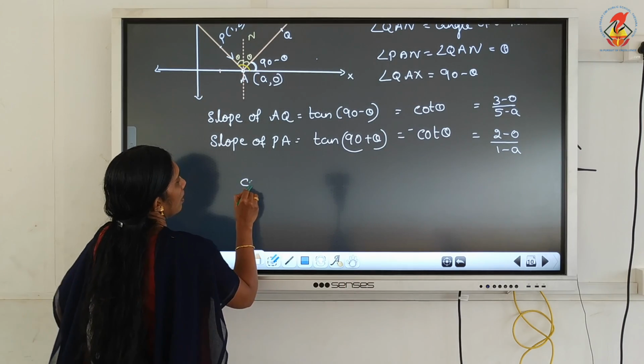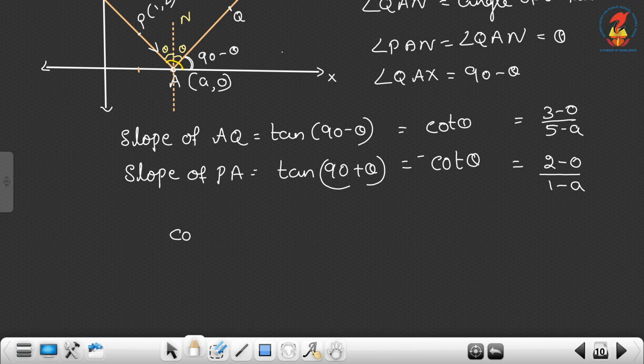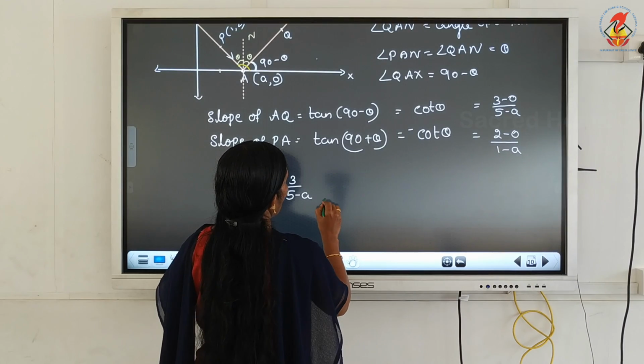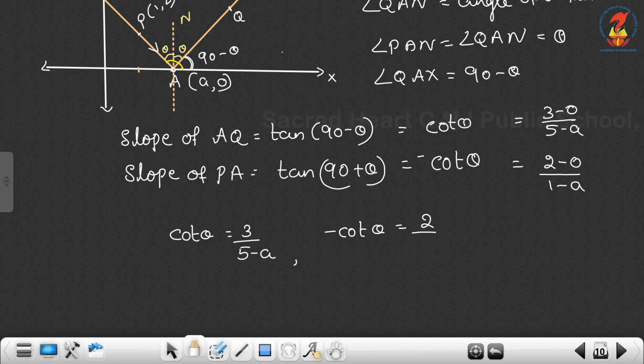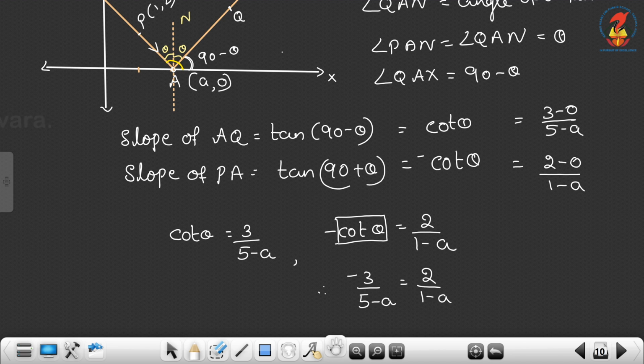So cot theta is equal to 3 by 5 minus A, and minus cot theta is 2 by 1 minus A. For this cot theta, I can substitute this value. Therefore, minus 3 by 5 minus A is equal to 2 by 1 minus A. Now cross multiply.